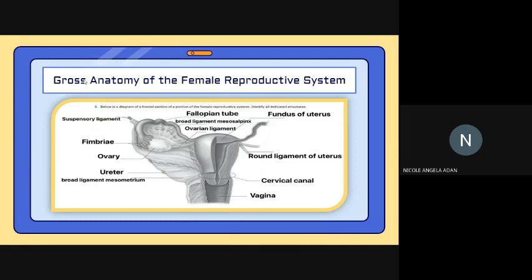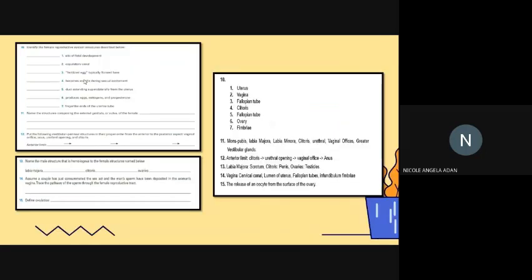Uterus is the site of fetal development. Number 2, we have the copulatory canal, which is the vagina. Number 3, where the fertilized egg typically forms, which is the fallopian tube.